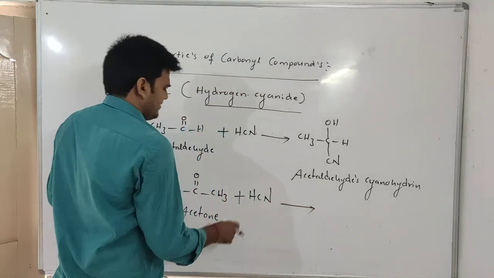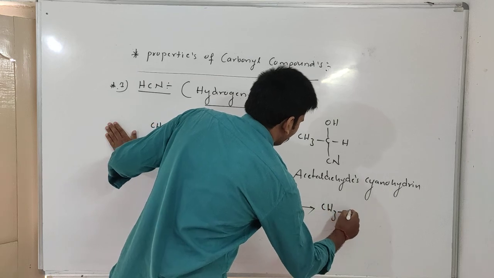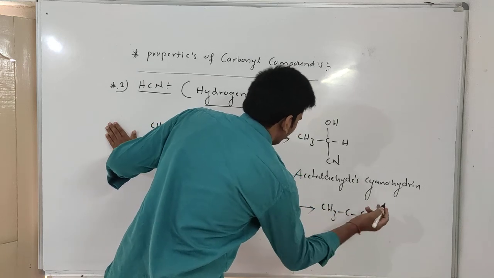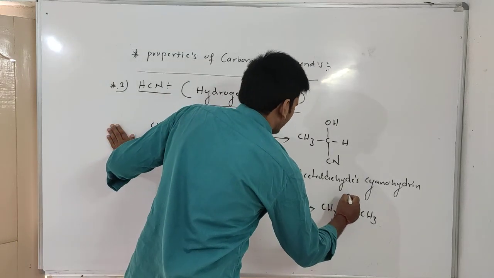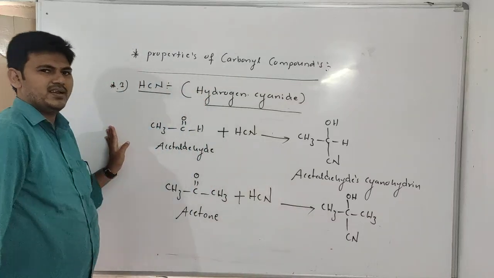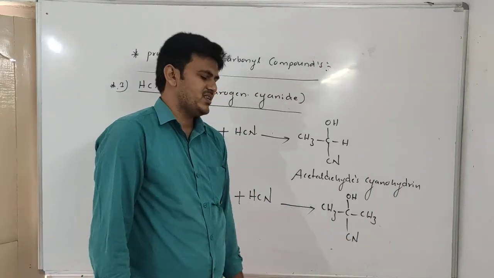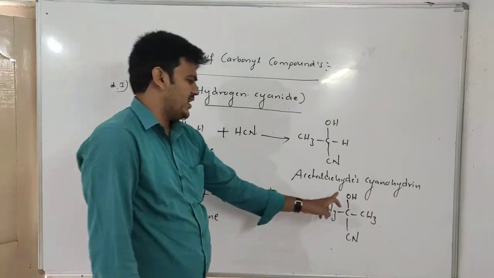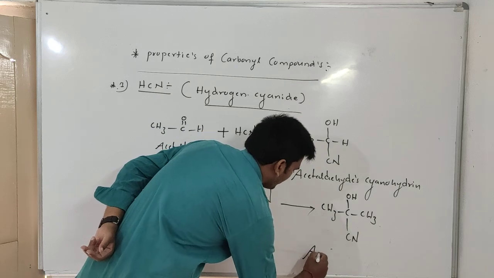For example, same CH3C bond CH3, next C bond CH3, O minus H plus ion, so OH, next CN cyanide. CH3C bond CH3, next O minus H plus ion, OH, next CN. And the compound name is acetone cyanohydrin.